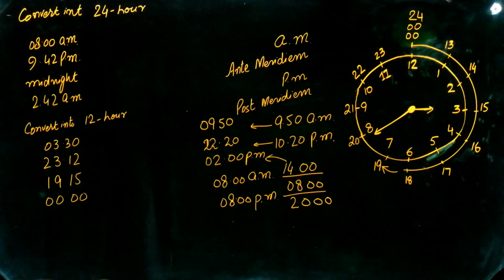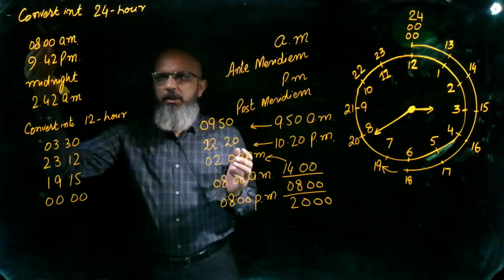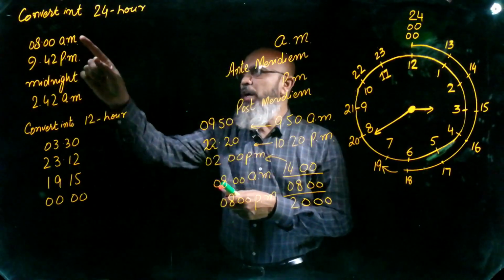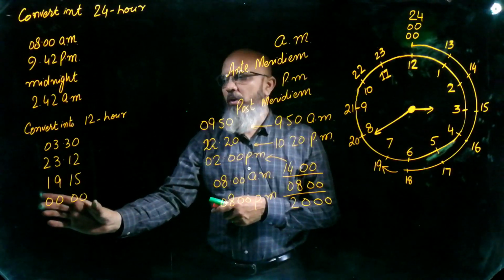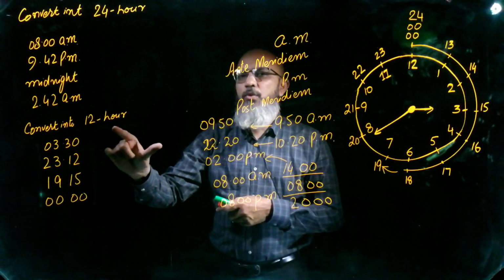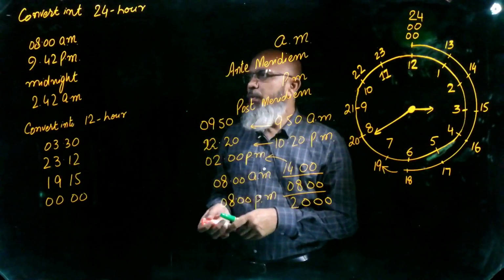That is question number 1 and 2. In these questions, you have to convert AM or PM timings into the 24-hour clock, and the 24-hour clock timings into 12-hour. So let's start our questions.